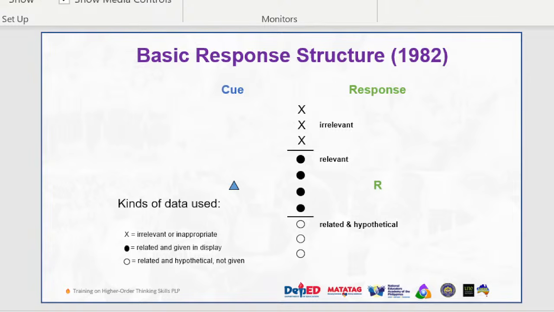So this is the diagram that will help us also visualize each SOLO level. On the left, the triangle is the Q, is the question. While on the right, R is the response. In the middle, there are the kinds of data. X for irrelevant, the shaded circle for relevant, and the blank circle for related and hypothetical.